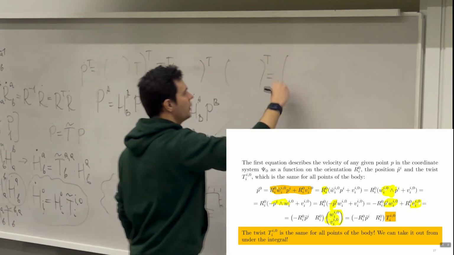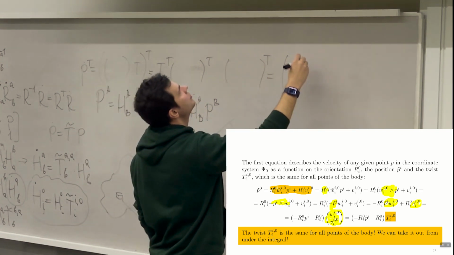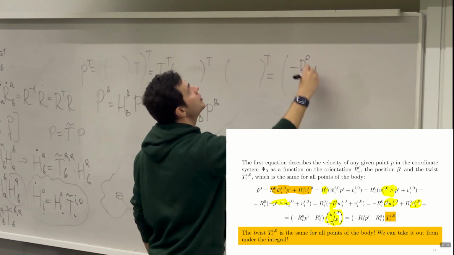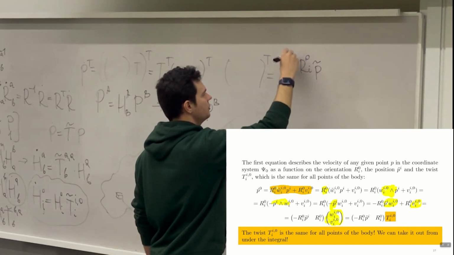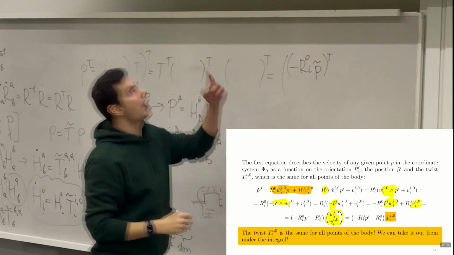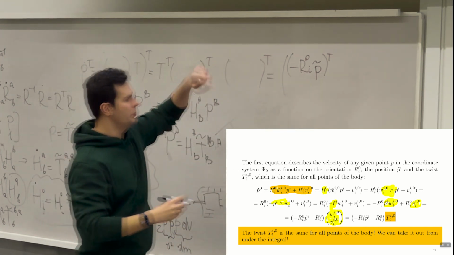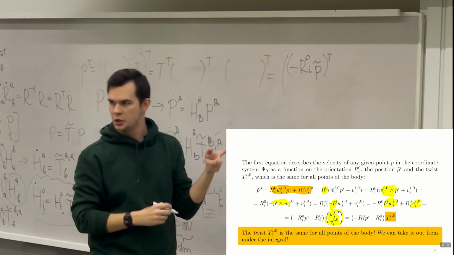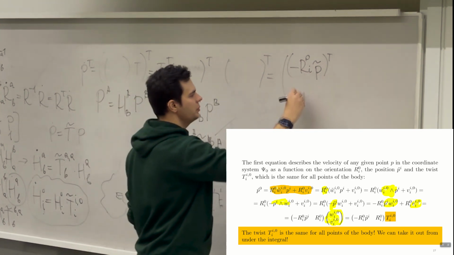So it will be minus R, O, P squared, and all of this transposed. R IO will be transposed, and we just need to switch the indices, so it will be R OI.